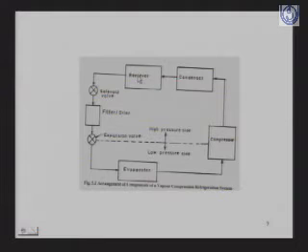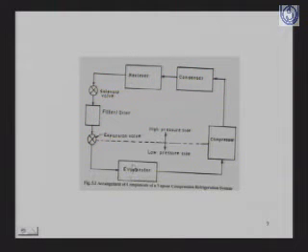Then this is the receiver, where we keep the liquid. Then from the expansion device, where the pressure is reduced, they come to the evaporator, and in the evaporator, the evaporation takes place.